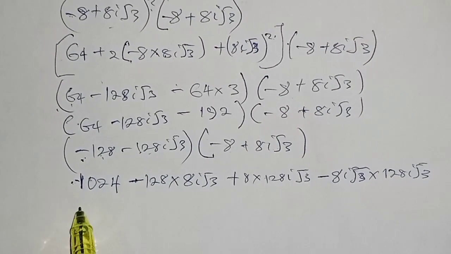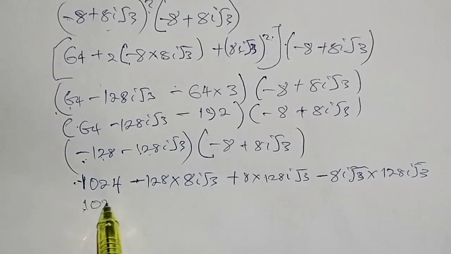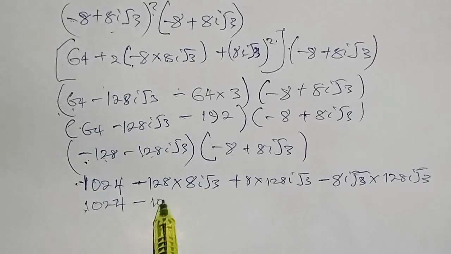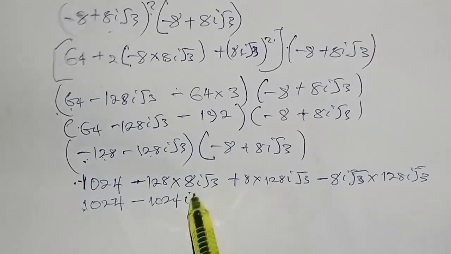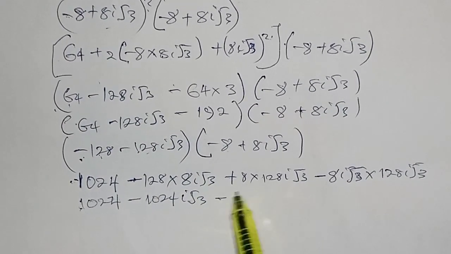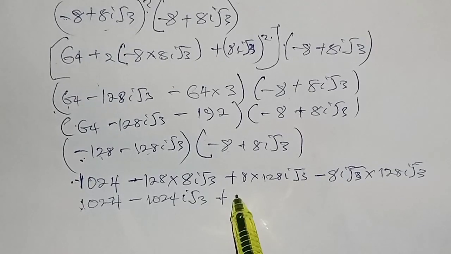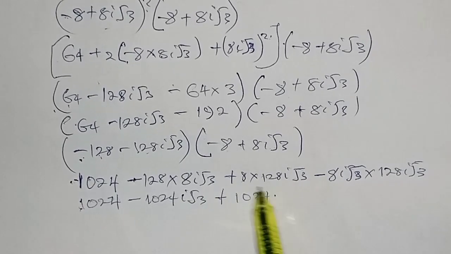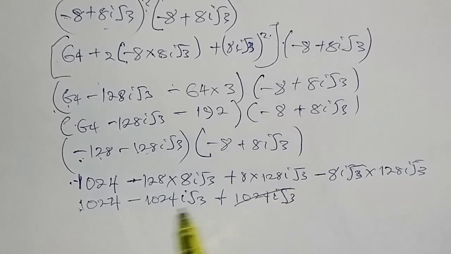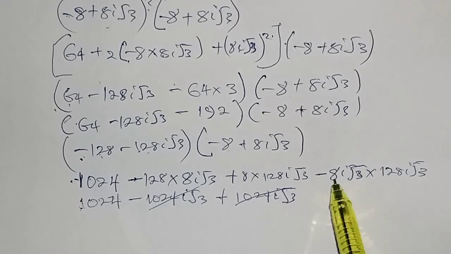And then moving on, I've got this to give me 1024, and then minus 1024i√3 right here, and then plus, this time, this will also give me 1024i√3, that is 8 times 128.